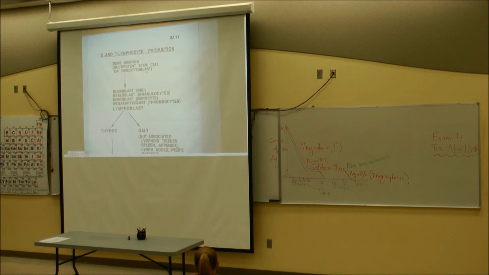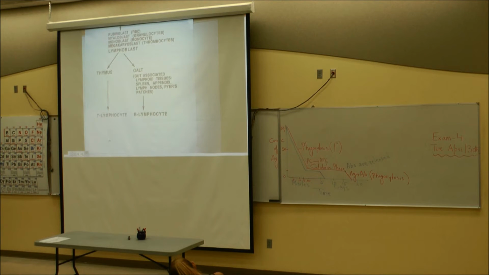Hemocytoblast. Blast, when it enters into, this is the one that you need to remember for the exam, lymphoblast. Don't worry about all the others. Lymphoblast, when it enters into thymus, it becomes T cells or T lymphocyte.